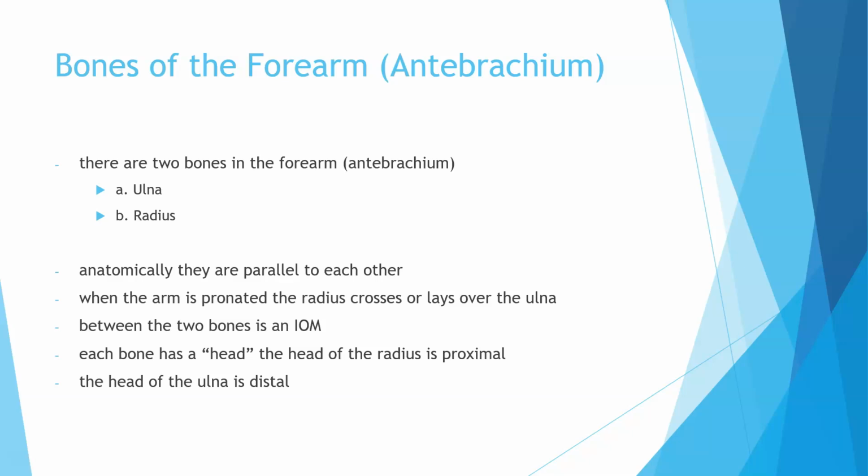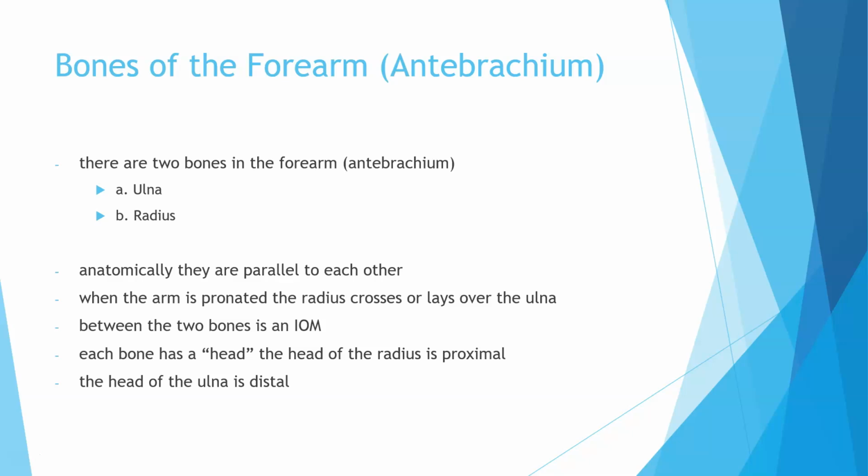In the anatomical position they are generally parallel to each other. When we talked about this last week, when the forearm is pronated, the radius crosses over the ulna, whereas in the anatomical position the distal radius lies anterior to the ulna.